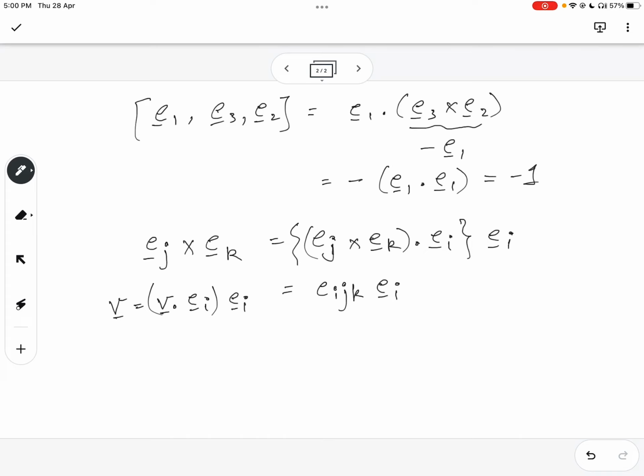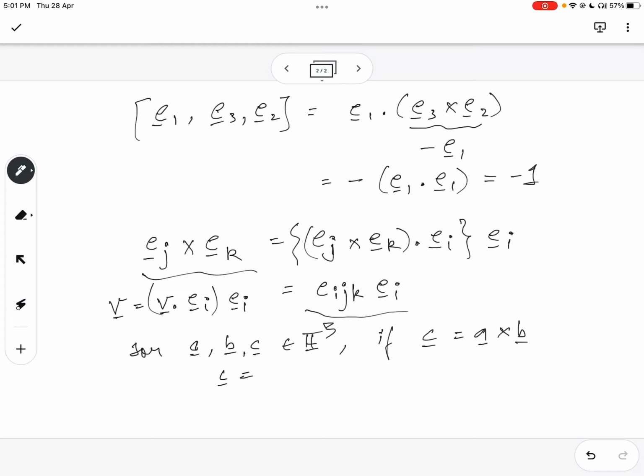So for any vectors A, B and C belonging to E3, if we define C as A cross B using this definition, let's suppose we write C as Ci Ei, A as Aj Ej, and B as Bk Ek.